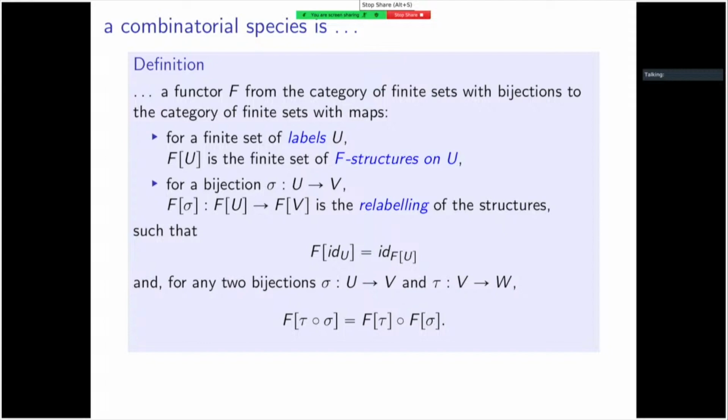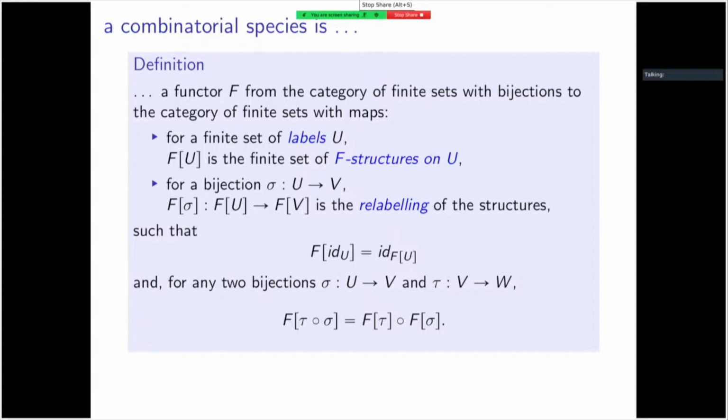This relabeling has to satisfy two properties. If the bijection I plug in is the identity map from U to U, so if V equals U, then the resulting relabeling should do nothing. It should be the same thing.